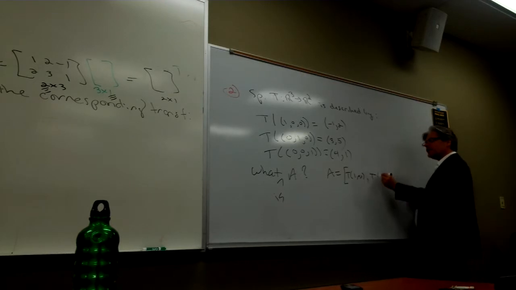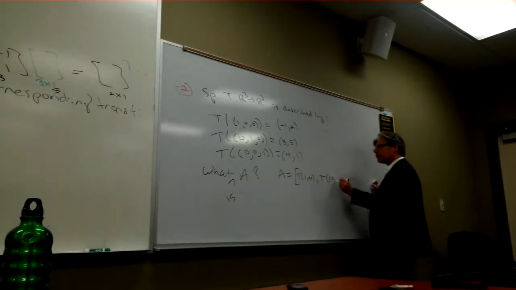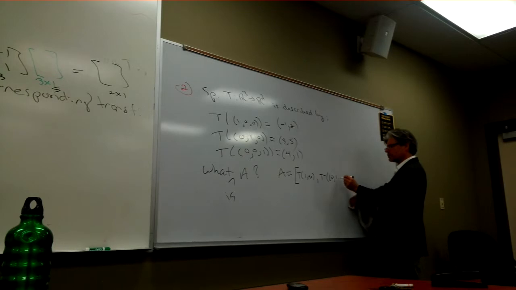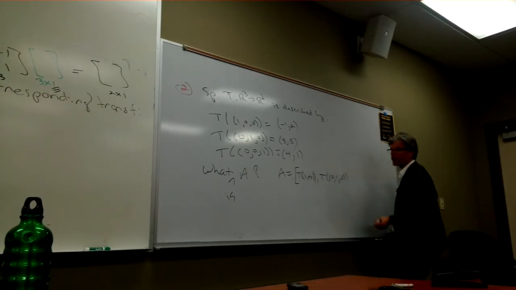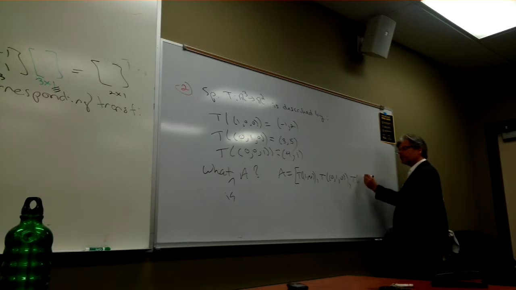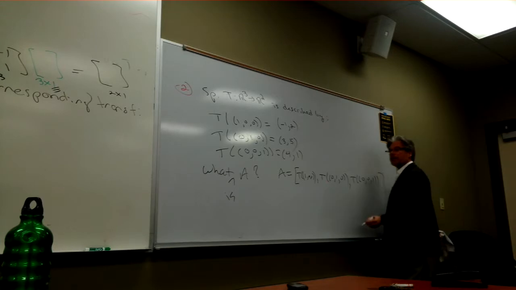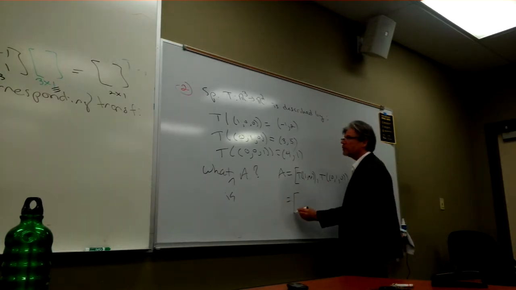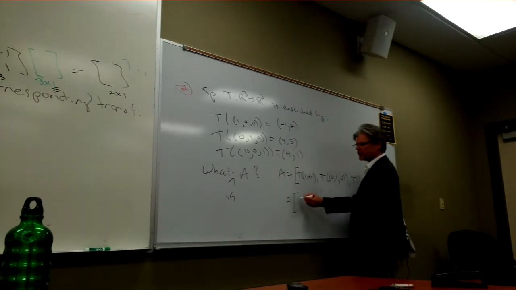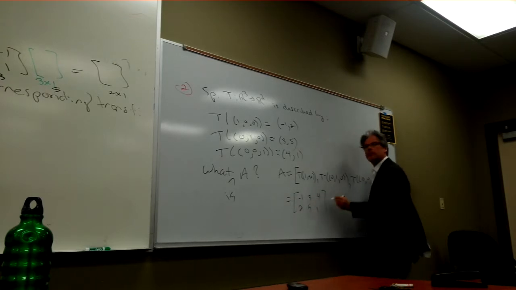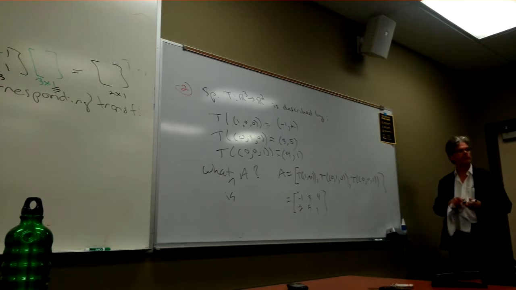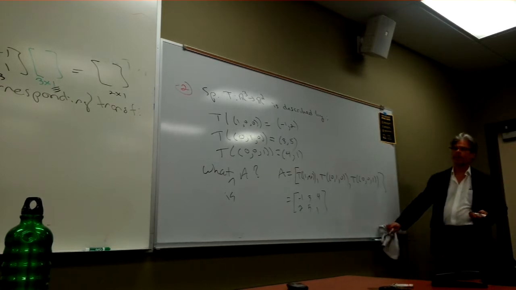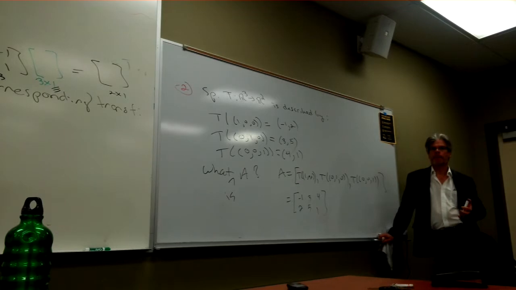The next column is going to be T evaluated at this vector, and finally the third column is going to be T evaluated at this vector. In the end, column by column, I have entries: is that a -1, 2? Is that a 3, 5? Is that a 4, 1? Do you guys agree? Yes.